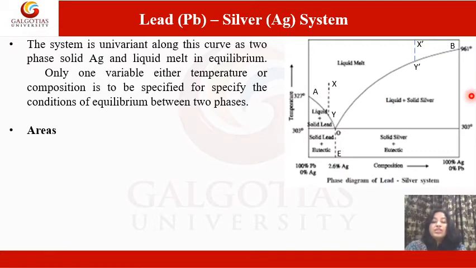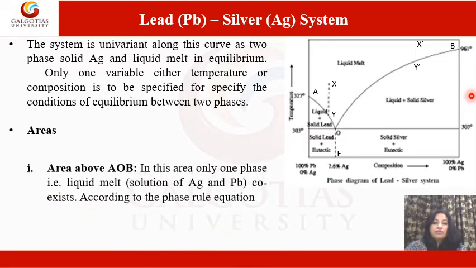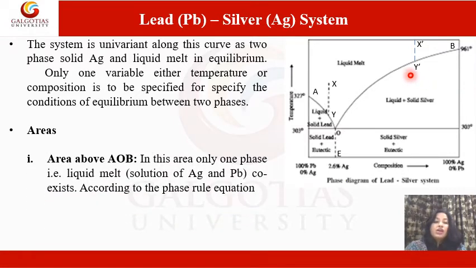Now, we discuss areas. Area above AOB, this one. In this area, only one phase, that is liquid melt, means the solution of silver and lead, exists.